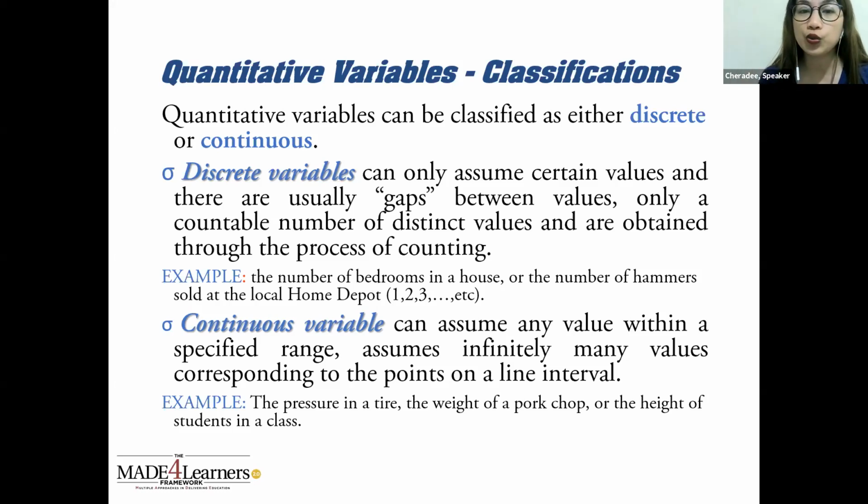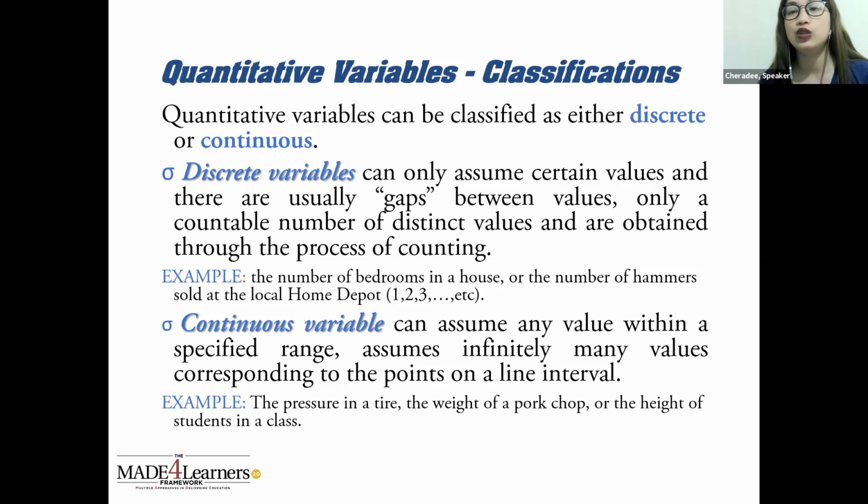So the difference among the two is that discrete variables don't have numbers in between. So, meaning to say, they only assume certain values, and there are usually gaps in between values that are counted. So in short, so that you can actually remember it right away, discrete variables are integers. So what are integers?